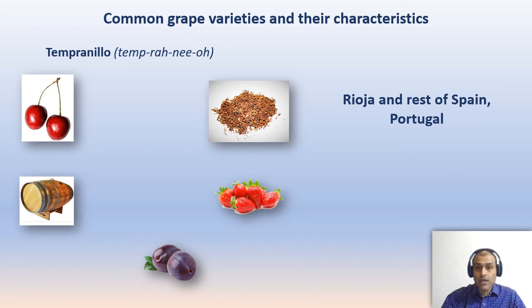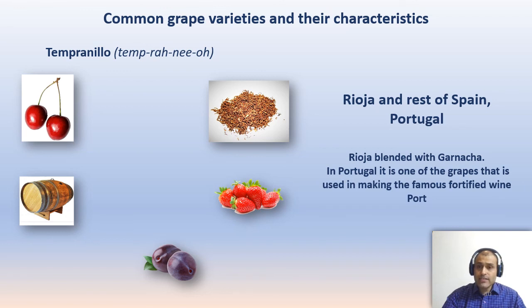Rioja Reservas and Gran Reservas can be matured in oak for almost 20 years. So you'll have Gran Reservas going back 20 years. That's quite common, as a matter of fact. So there's a lot of ageability in this grape. It can age quite a bit.